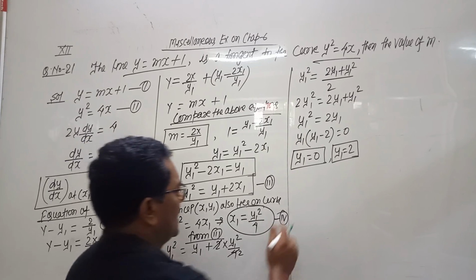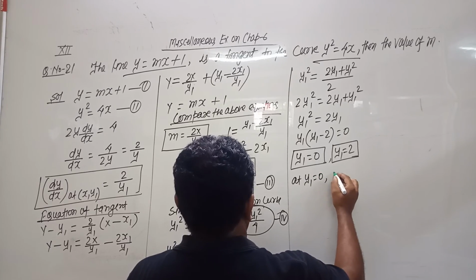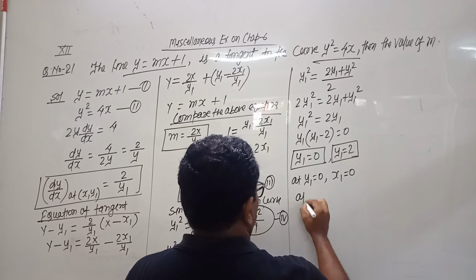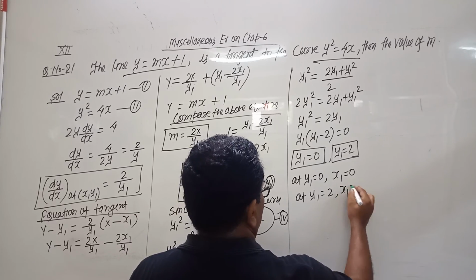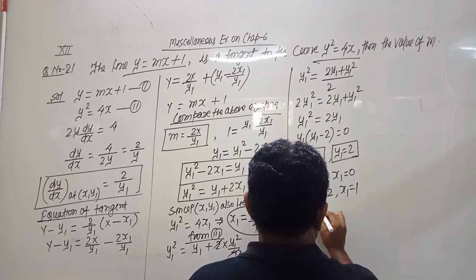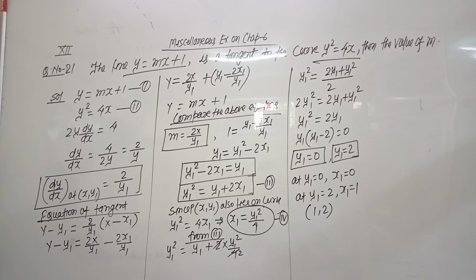So at y1 equals 0, the value of x1 also comes to be 0, and at y1 equals 2, the value of x1 comes to be 1. So the point comes to be (1, 2).